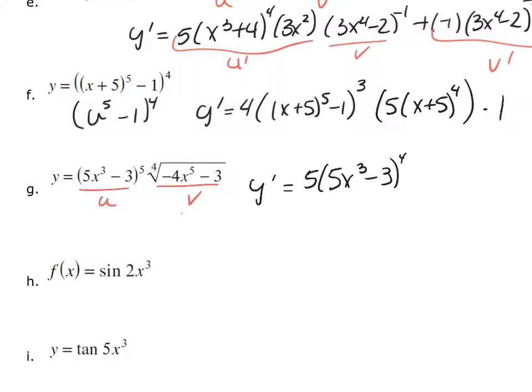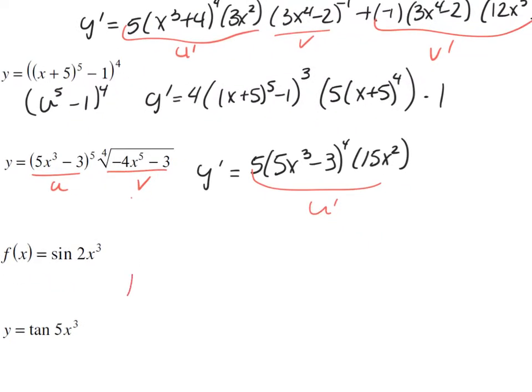Now I'm going to multiply it by my inner function, which is going to be the derivative of my inner function, 3 times 5, which is 15x squared. All that I just wrote there is just u prime. And I'm going to multiply that by v. My v is the 4th root of negative 4x to the 5th minus 3.